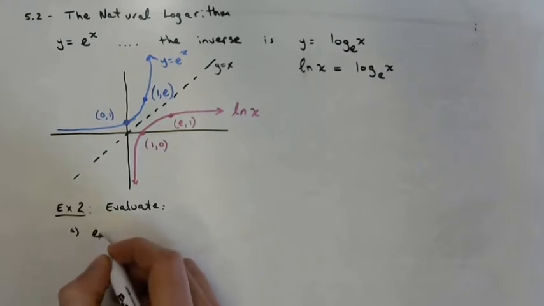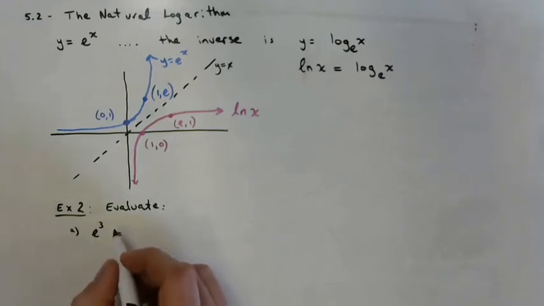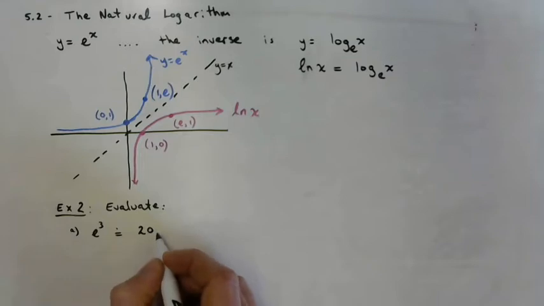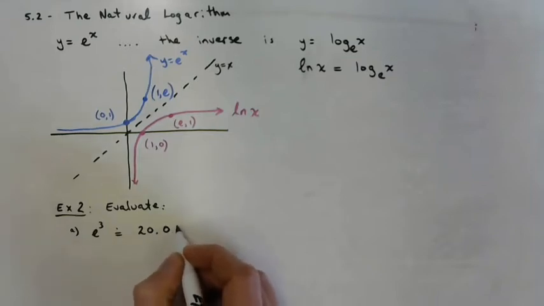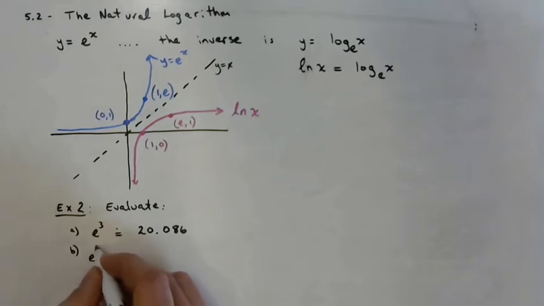In A, we have e to the power of 3. And we would just put that in our calculator. A scientific calculator has an e button, might be a second function button. You raise it to the power of 3, and we get that e to the power of 3 is approximately 20.086.